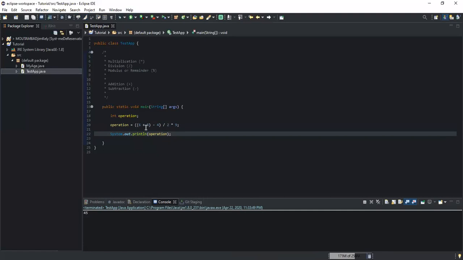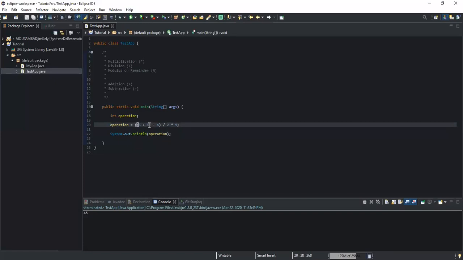So when we use brackets, it helps in clarifying the expression. We want to specify to the machine that I want this operation between my brackets to be evaluated first, and then it's going to follow the order of precedence.